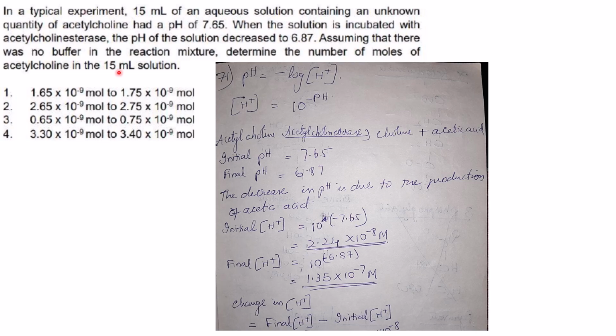Okay, now what they have asked: determine the number of moles of acetylcholine in the 15 ml solution. How many moles of acetylcholine is there? Since 1 mole of acetylcholine produces 1 mole of acetic acid, and we assume that this acetic acid will dissociate to produce 1 mole of H plus ions, the number of moles of acetylcholine will be equal to the moles of H plus ions produced by the acetic acid.